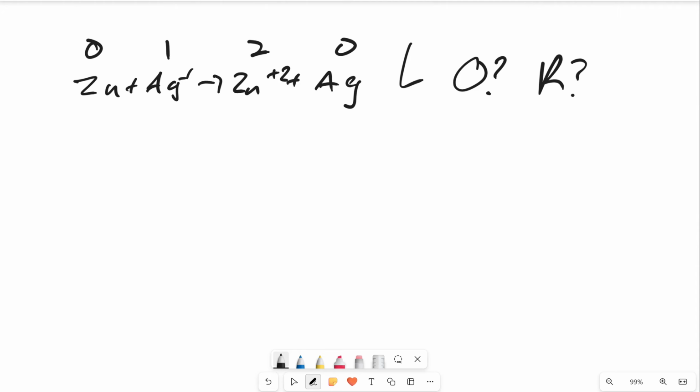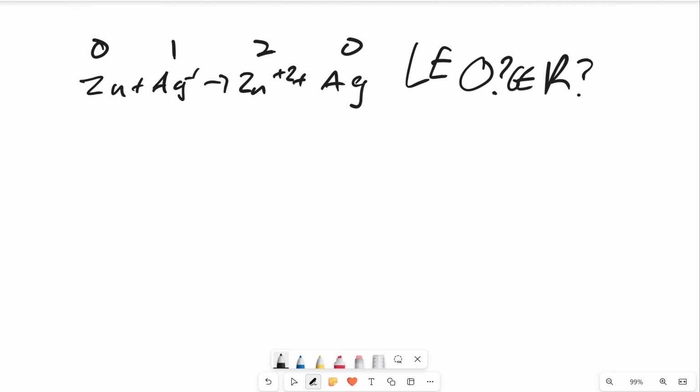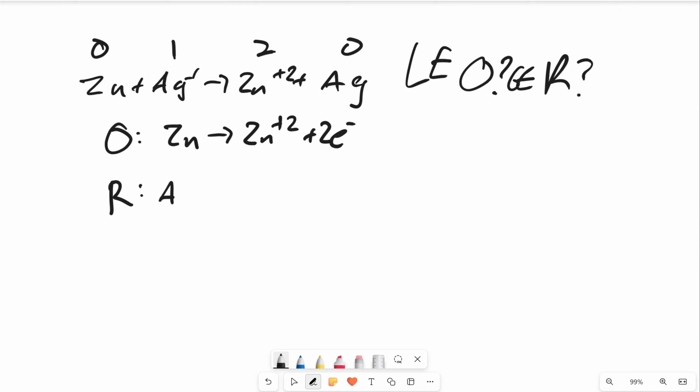Okay, and then we go LEO. Oops, it's not EO, it's LEO, and LEO goes GER. So what's becoming more positive, what's becoming more negative? The one being oxidized is our zinc, so zinc goes to Zn2+ plus 2e-, and reduced is our silver: Ag+ plus e- becomes Ag.